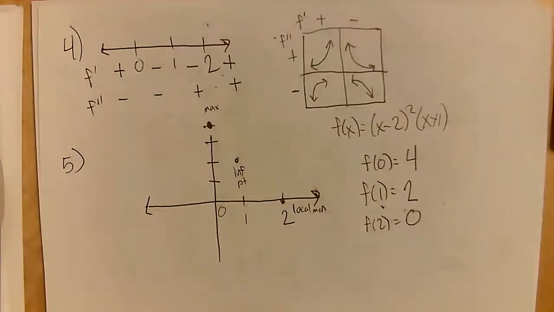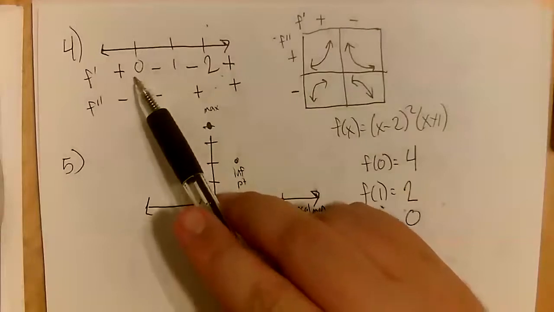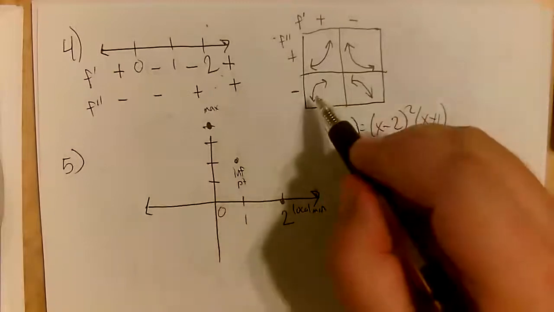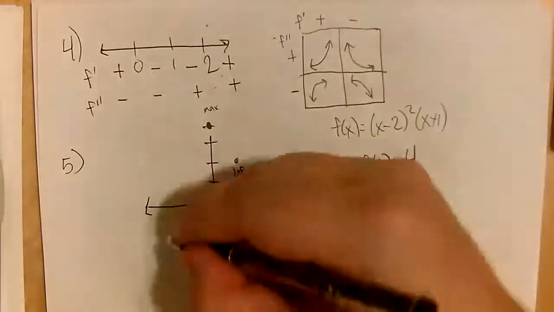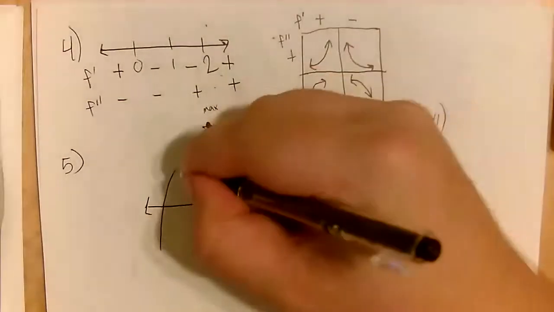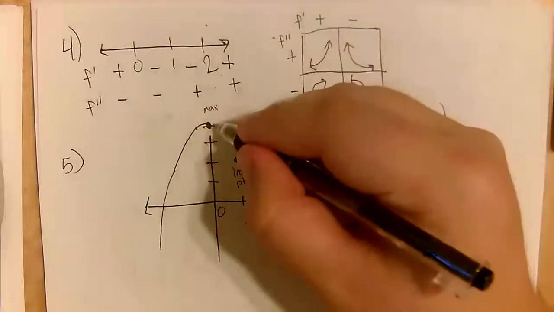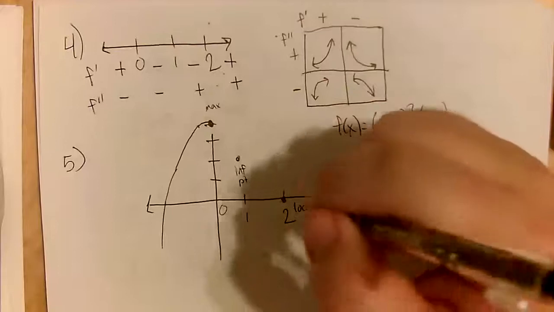All right, so we have our important points plotted on the graph. Now let's go ahead and fill in and connect these points together. So before 0, for negative numbers, we're going to be increasing but concave down. So according to this, we're going to have a curve that looks like that. Let's draw something coming in like this. And it's a local max, so we know we need to be flat here at the top because our derivative was 0.